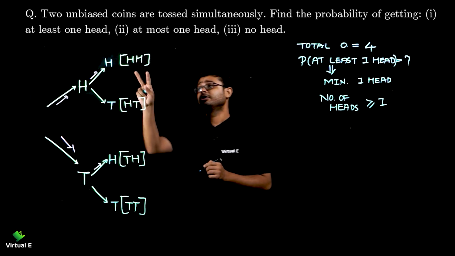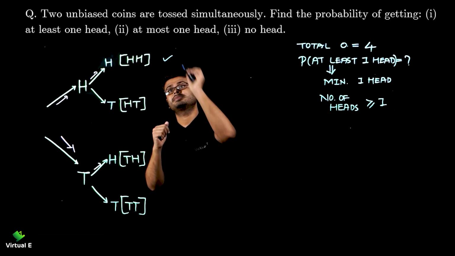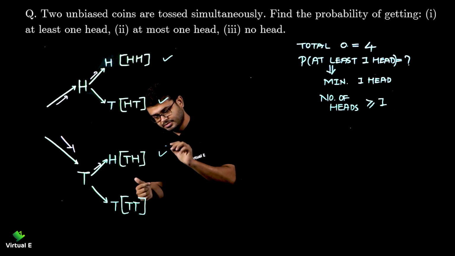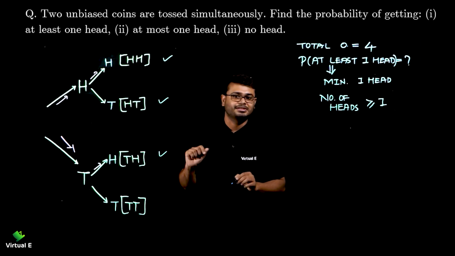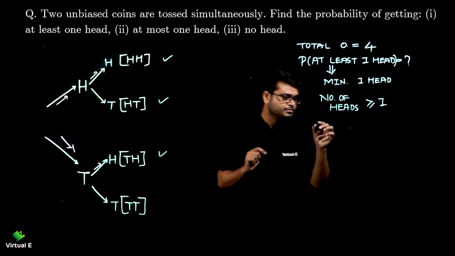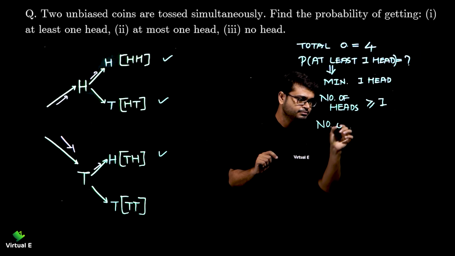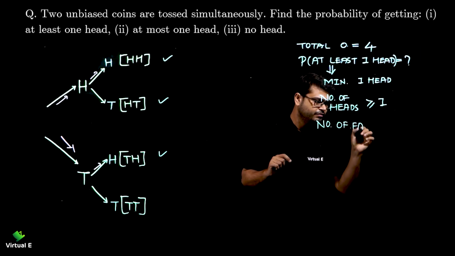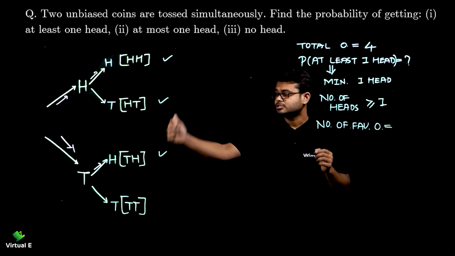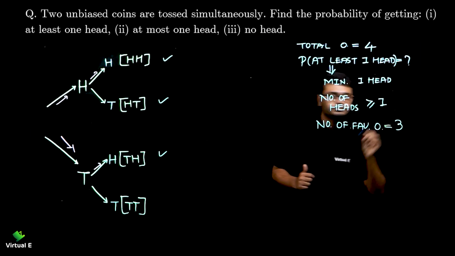So let's count. 2 heads, okay, accepted. 1 head, accepted. 1 head, accepted. 0 heads, not accepted. Remember, we cannot take the 0 heads outcome over here. So the number of favorable outcomes is equal to 1, 2 and 3. Simple.